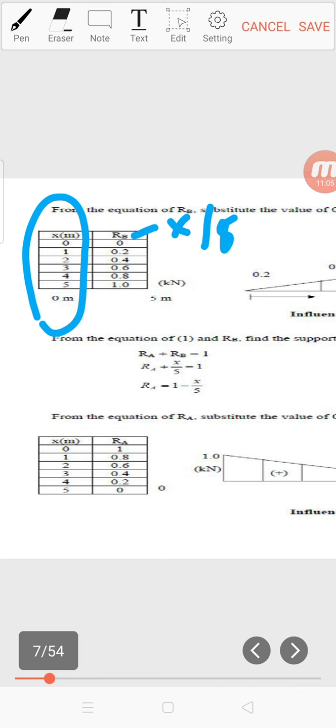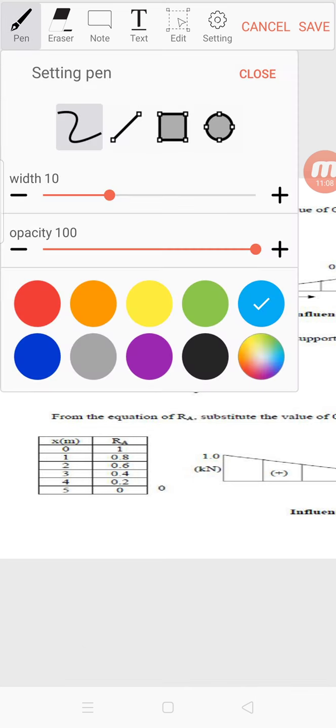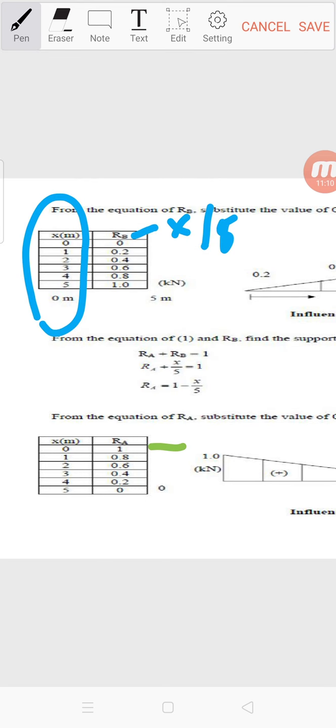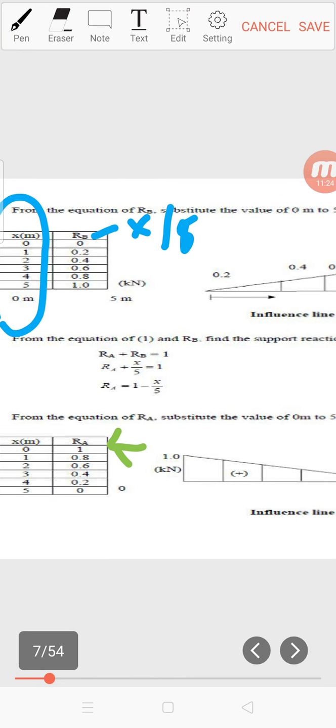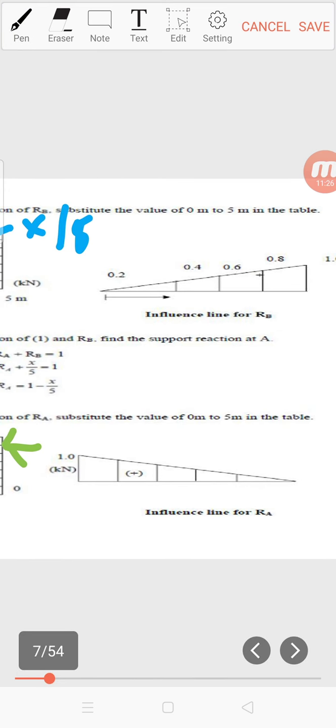So it is equal to 1. Okay, 1 here. And we repeat the equation. We get RA is decreasing from 1 at point A to 0 at point B. Okay, so this is the influence line for RA. It's easy, right?